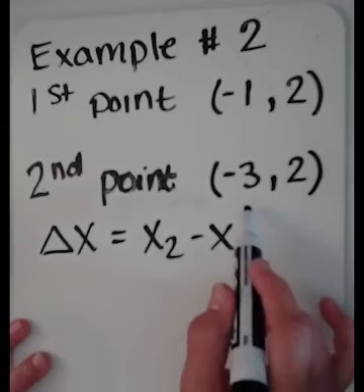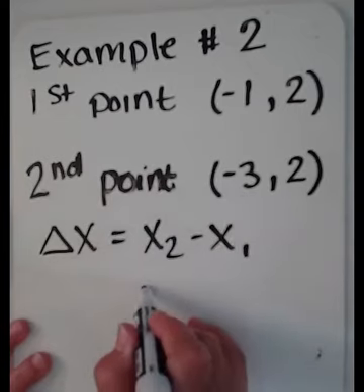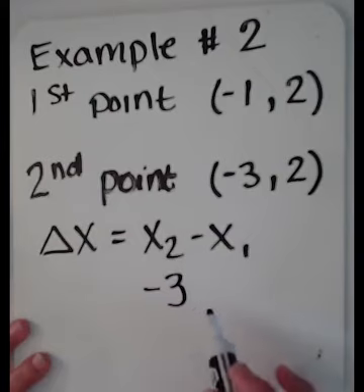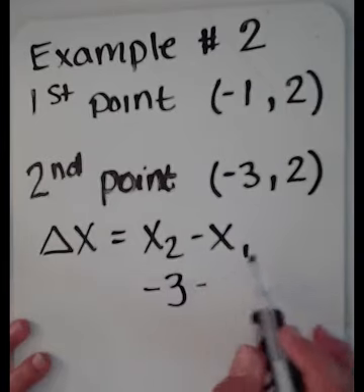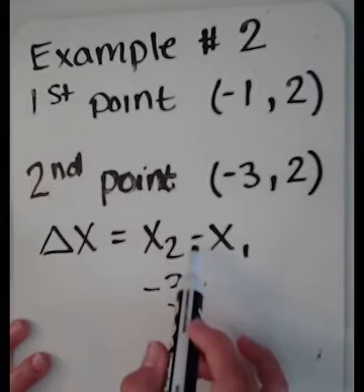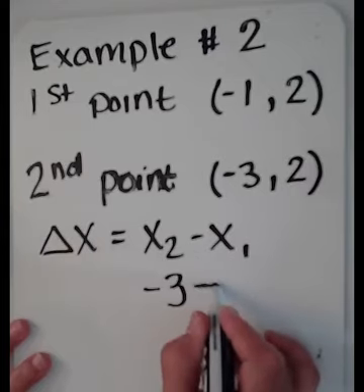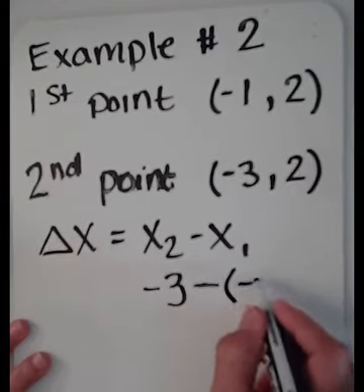Our second point has an x value of negative 3. Our first point has an x value of negative 1. The formula says that we need to subtract the x value of 1, so we're going to subtract the value of negative 1.